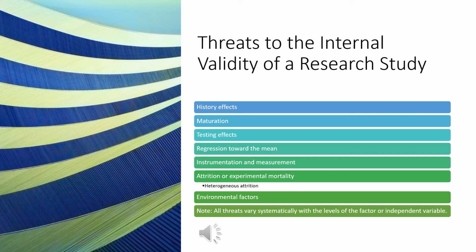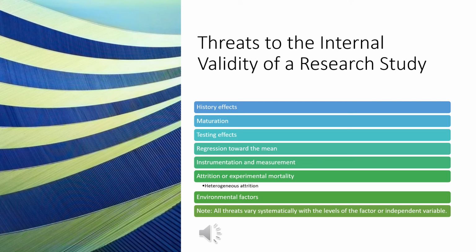And then environmental factors. We obviously don't always know the conditions that may change during testing. Sometimes the location of where people are living changes, and they might move out of the area.